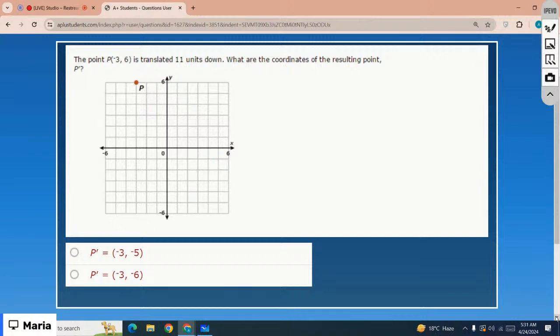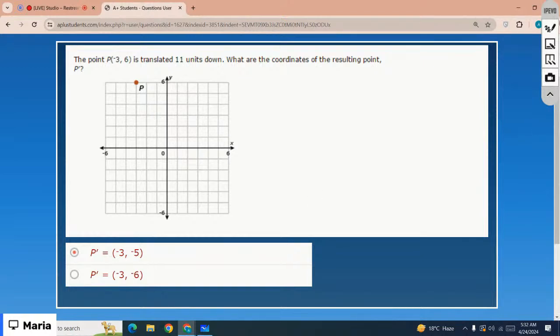Because that is the movement down. The correct option is 6 minus 11.